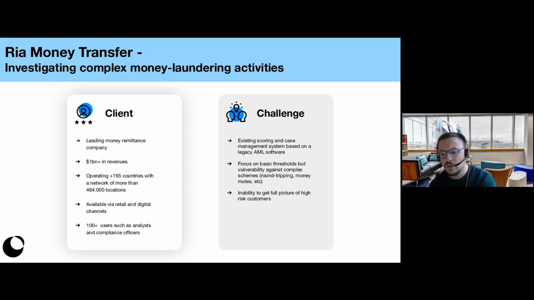But this is where they were still vulnerable against complex schemes such as round tripping and money mules. And once they detected a suspicious transaction, it was very hard to get the full picture around high-risk customers and really understand all the stakeholders involved in a specific money corridor.